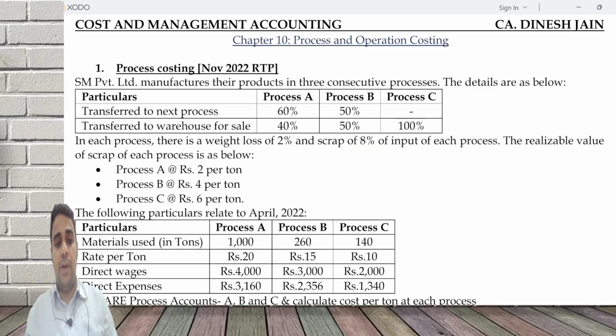Let's start with chapter 10. You go through the question. It's not a lengthy question, but a lot of things are there. Please go through this first.